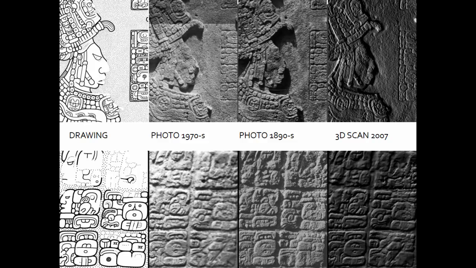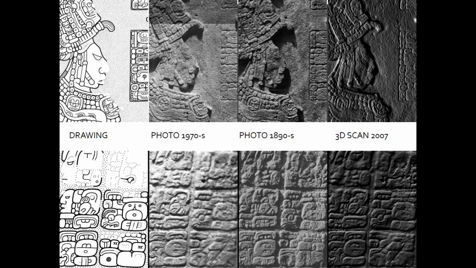It would probably be unfair to say that 3D scans are the only kind of data that we use. So right now we're in the process of drawing Yaxchilan monuments. And if we can, we use 3D scans, we use photographs from the 19th century, we use modern photographs, we use photographs by Ian Graham done in the 70s. We combine all these kinds of data, sometimes in huge files where all the images are modified and layered one over another.